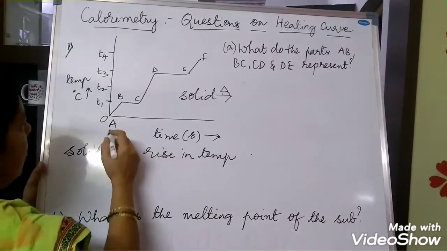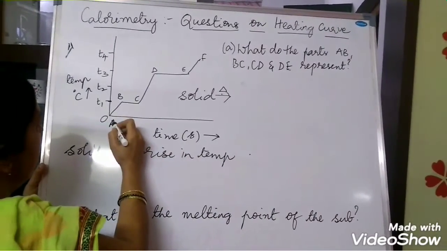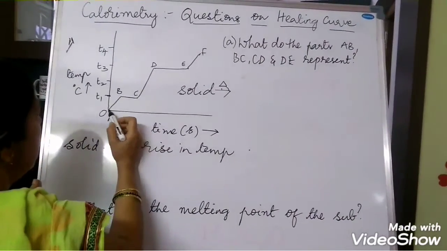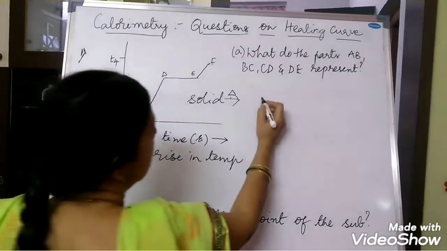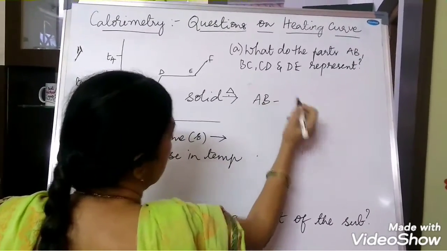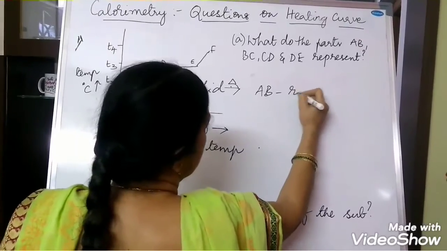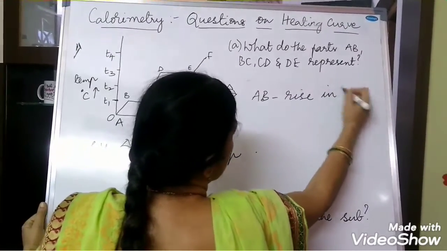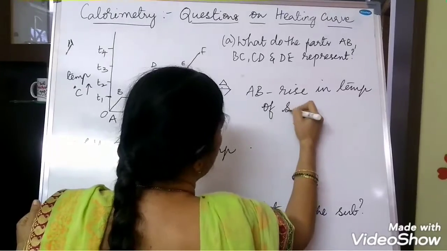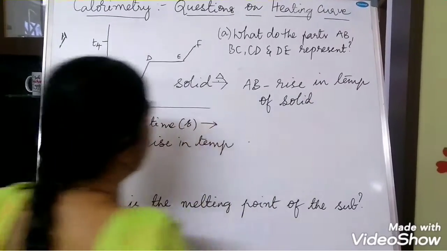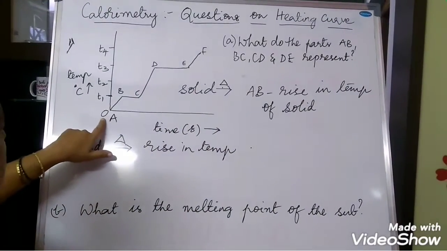If you observe this graph, the part AB represents gradual rise in temperature of the solid. So, we can write AB represents rise in temperature of solid.